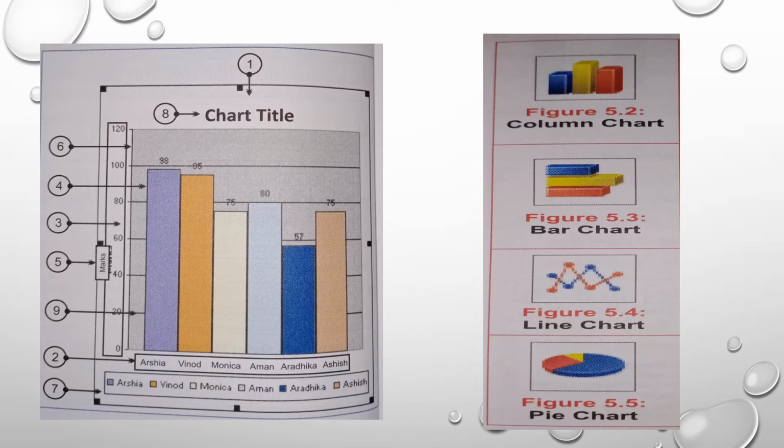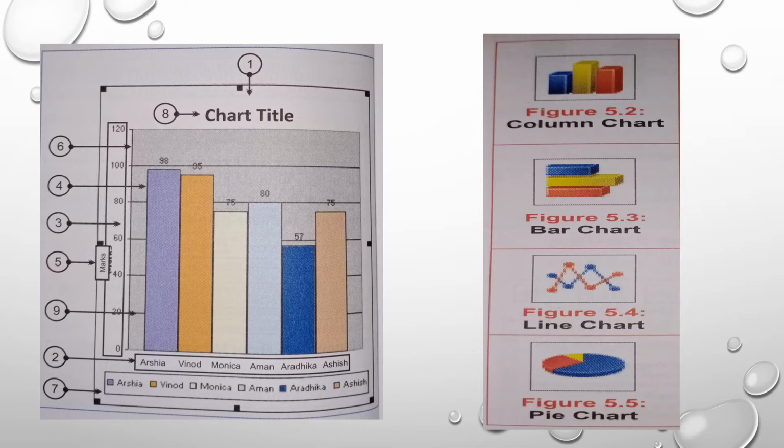The value axis, or the y-axis, is a vertical axis used to plot the values. Data series are the bars, slices or other elements that represent the data values. Axis titles are the headings given to the x-axis and the y-axis.